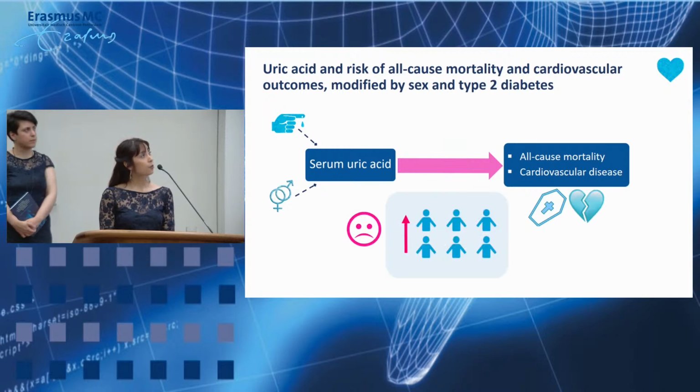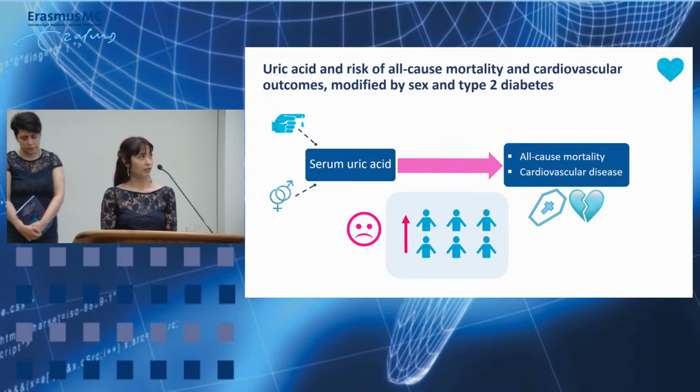Serum uric acid is a molecule that is normally in our body, and it's a product of our metabolism, and it can also change regarding our diet, kidney function, among other factors. So I was saying that among the overall population, we found that higher serum uric acid levels were associated with a higher risk of mortality in cardiovascular disease.